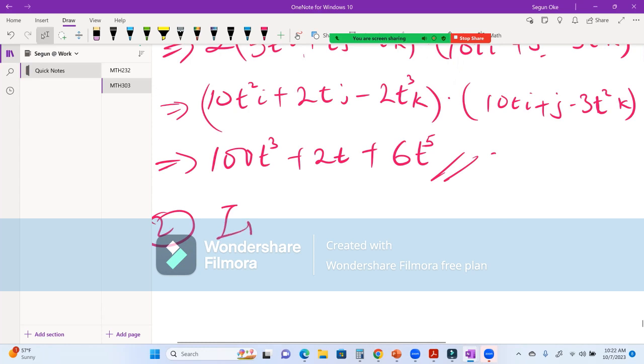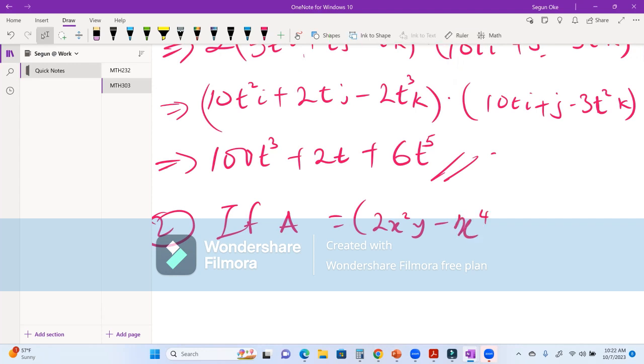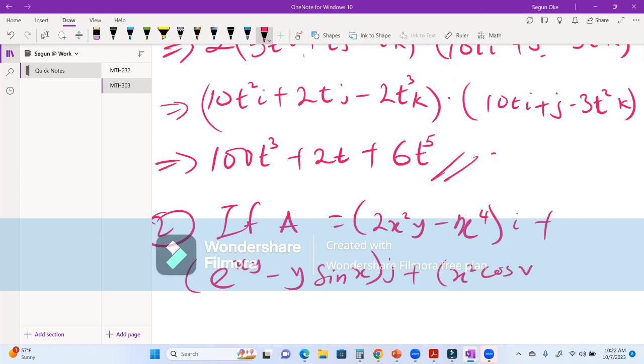Okay, look at this. If A is equal to 2x squared y minus x raised to power 4 i plus e raised to power xy minus y sine x, this is j, plus x squared cos y k. So we are asked to find the following.